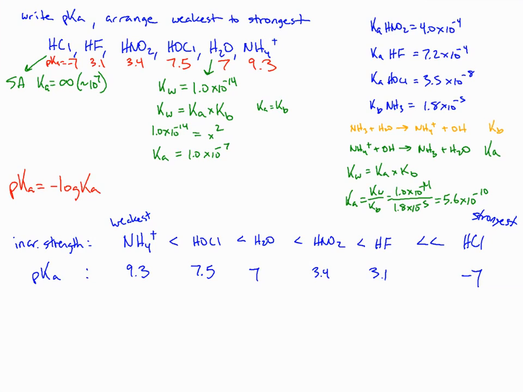So the next part, arrange the following from the weakest base to the strongest base. And we're still in example 1, we're still using some of the same numbers, but we're looking at bases now. Chloride, fluoride, nitrite, hypochlorite, water, and ammonia.